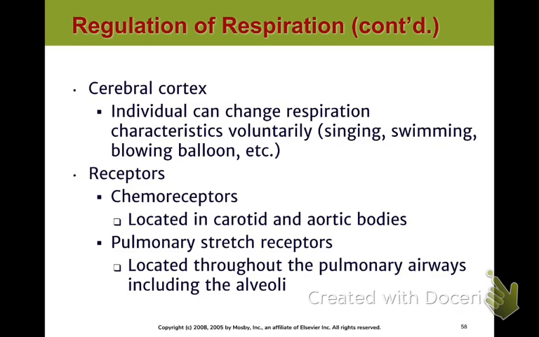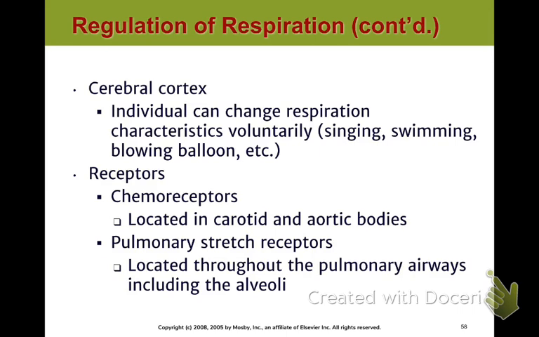But your brain has a safety mechanism. If you're holding your breath and your chemoreceptors in your carotid and aortic arteries don't detect the right pH level, as more carbon dioxide builds up in our bloodstream, remember the carbon dioxide bonds with the water in our plasma and makes carbonic acid.